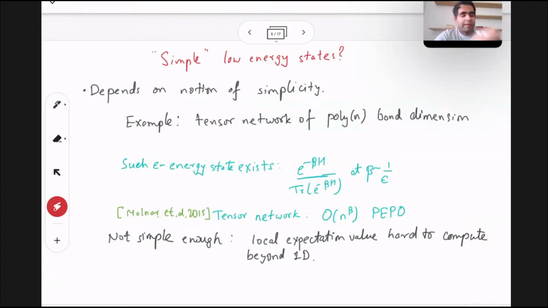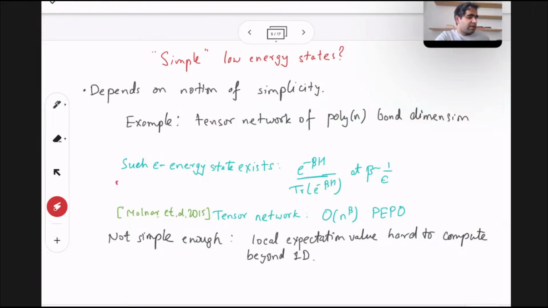You might say, okay, if I can write down my quantum state as a tensor network of low bond dimension, then it's a simple quantum state. But it turns out that it's not simple enough because tensor networks cannot be used to compute expectation values beyond 1D. So one could even ask whether this is really a good enough notion of simplicity or not. But let's say it is. Let's say this is a good notion of simplicity.